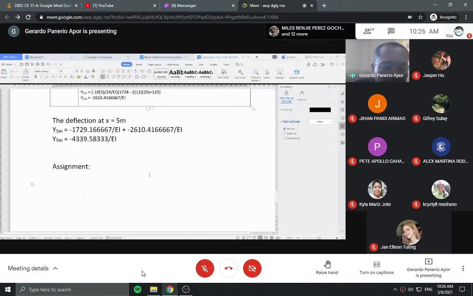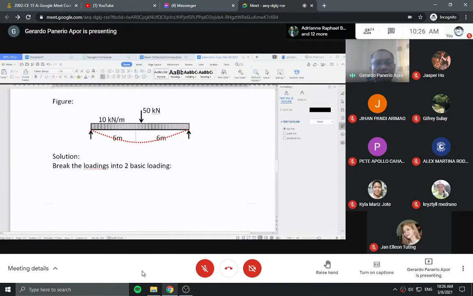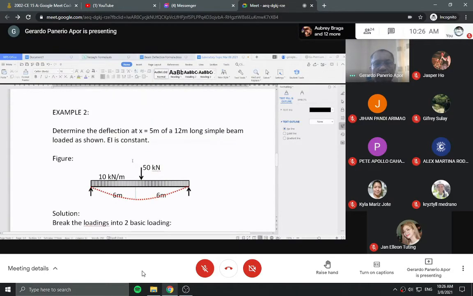Use problem 2. Use example 2. Okay. Determine the deflection at x equals 8 meters. Okay. So it's easy because you are going to follow the solution for example 2.